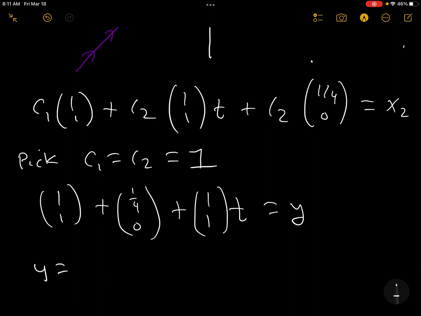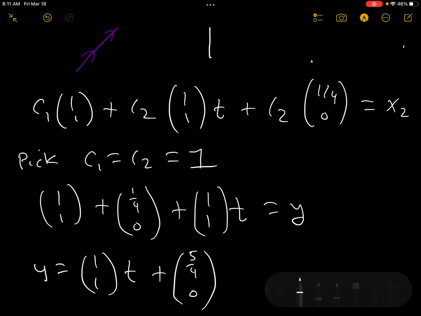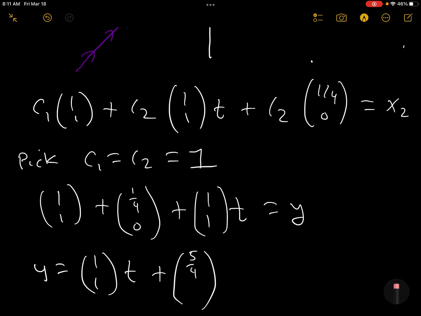So in particular, it's the line (1, 1) t plus (5/4, 1). This is y equals mx plus b. Did I do that right? Ah, I didn't do that right. Glad I checked. I add this to this and get 5/4, and this one I have 1.